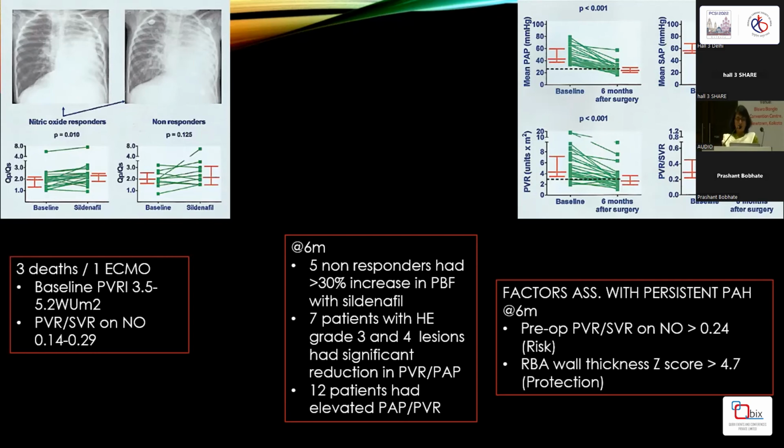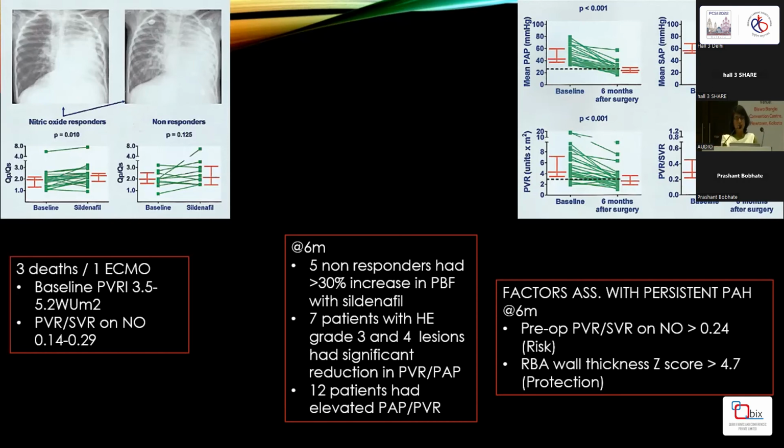Then they looked at those patients who had persistent pulmonary hypertension at 6 months, and those that had pulmonary hypertension that had resolved, and tried to see what characteristics in the persistent pulmonary hypertension group can be identified as risk factors.